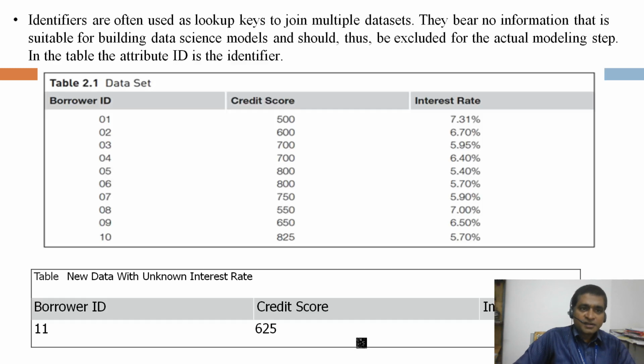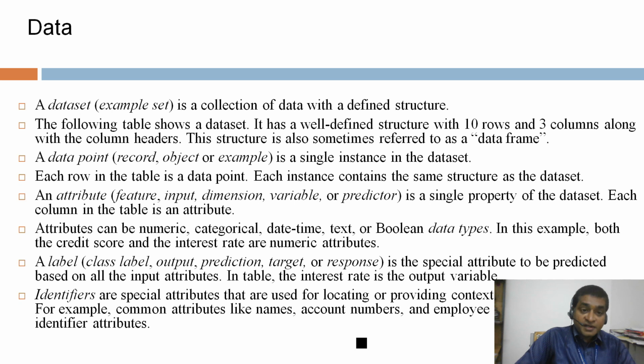Example, this is a data set. This table shows a data set and it has 10 rows and 3 columns along with column headers. This structure is also sometimes referred to as a data frame.